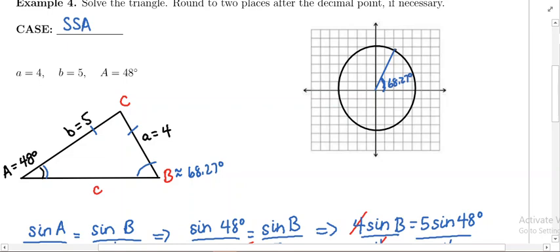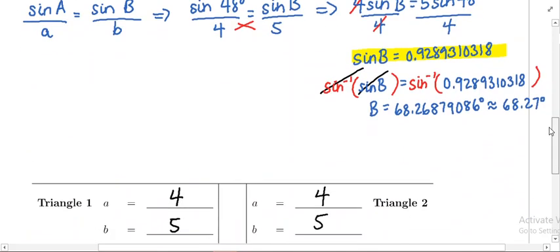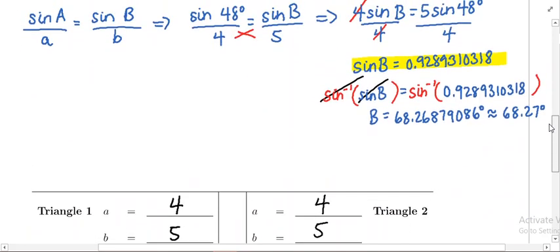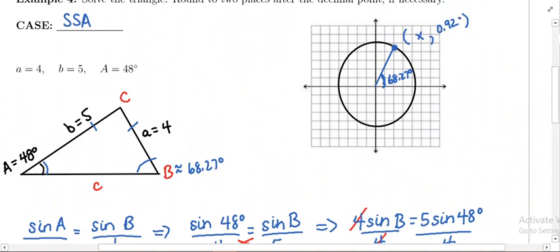We don't know the x coordinate of this point on the unit circle, but we surely know its y coordinate is this 0.92893 blah blah blah number, because we know the sine of this angle is this decimal, and it keeps going.